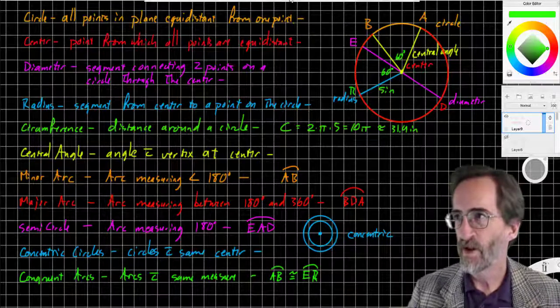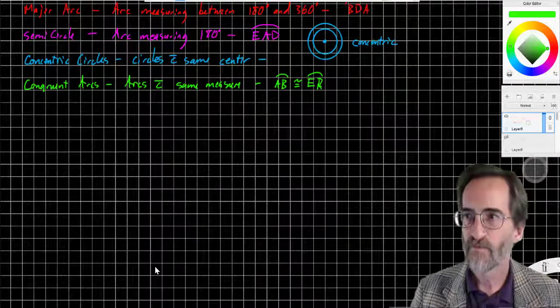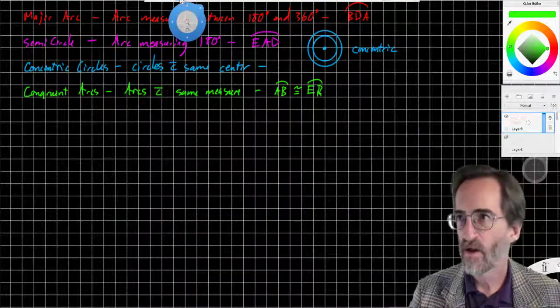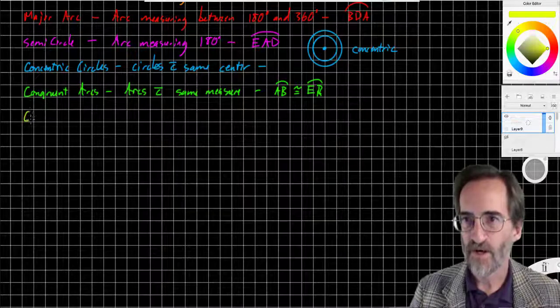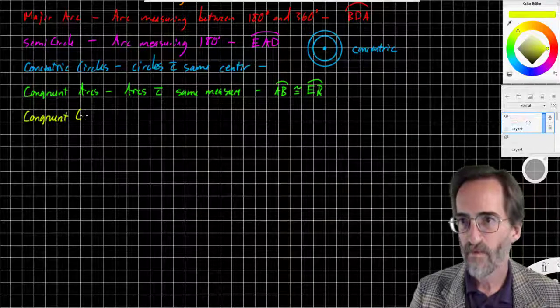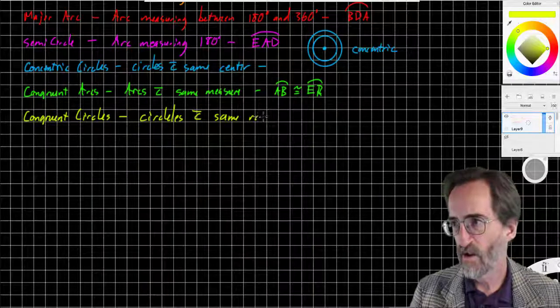Congruent circles. Okay, we're running out of room, so we're going to have to move things up here a little bit. Boy, this lesson has a lot. Circles with the same radius. Any circle with the same radius is congruent.